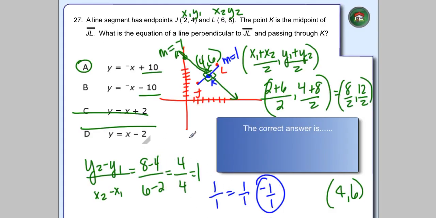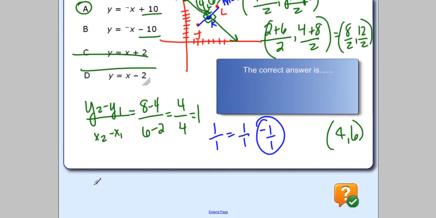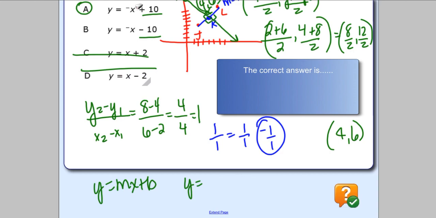So how do you find the slope-intercept form of the green line? You do y equals mx plus b. The slope has to be -1, and then it has to pass through 4, 6, because that's the point K. So 4 goes in for x and 6 for y.